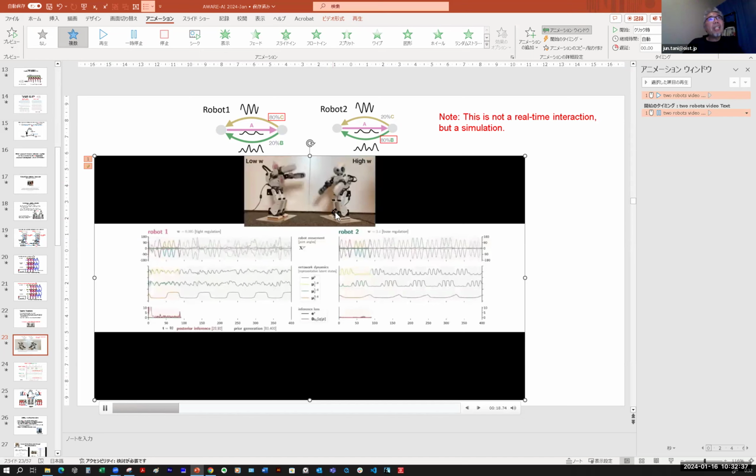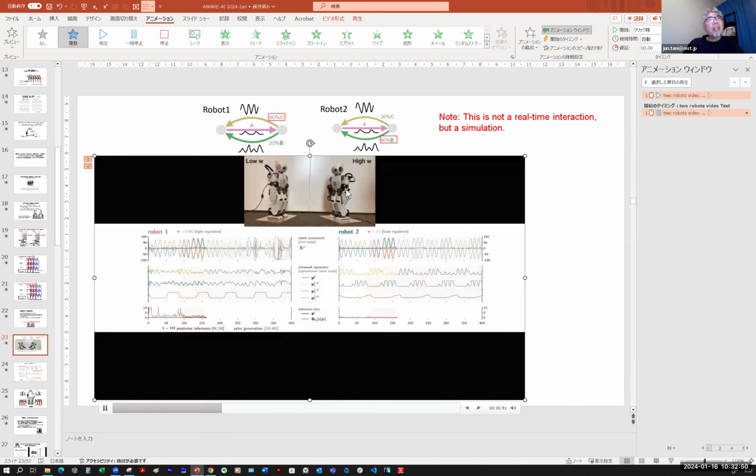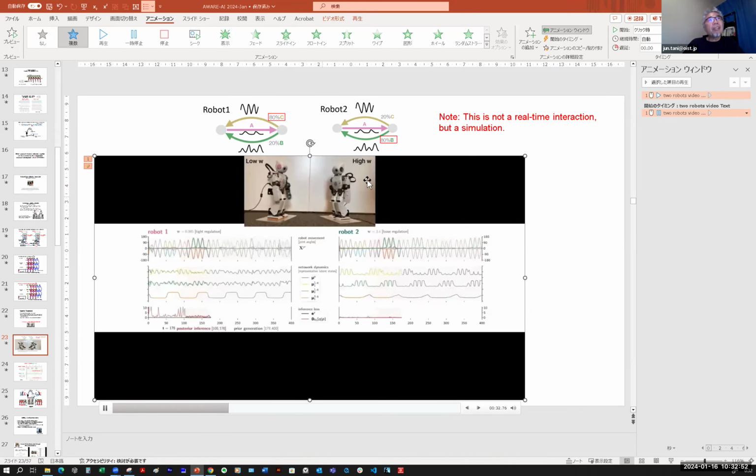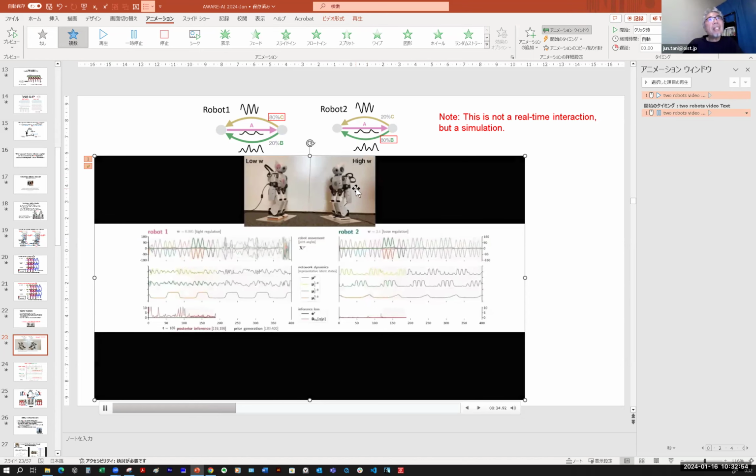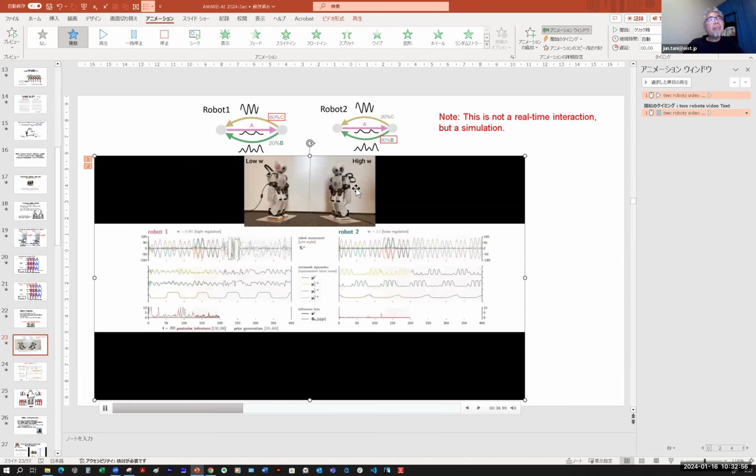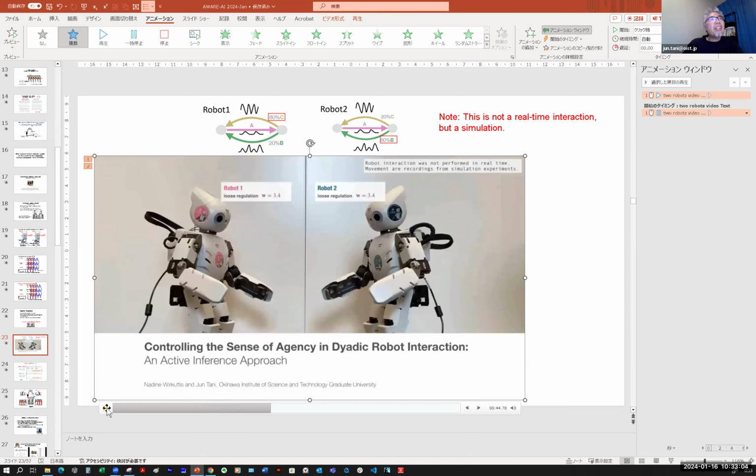Now they are trying to synchronize on A. A is fine, but after that robot 2 generates B, and this one follows with a delay. This robot generated its preferred pattern B, but the other robot generated an unpreferred pattern.